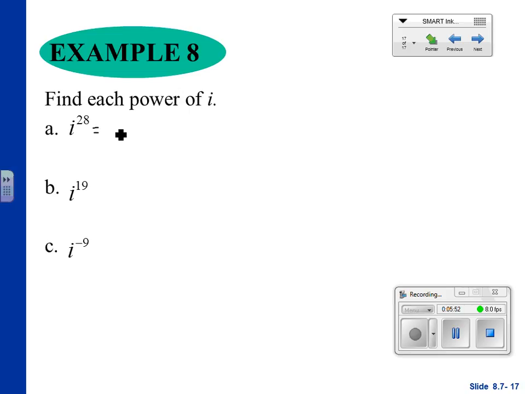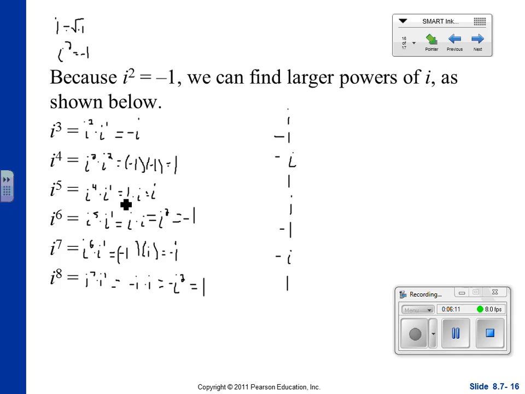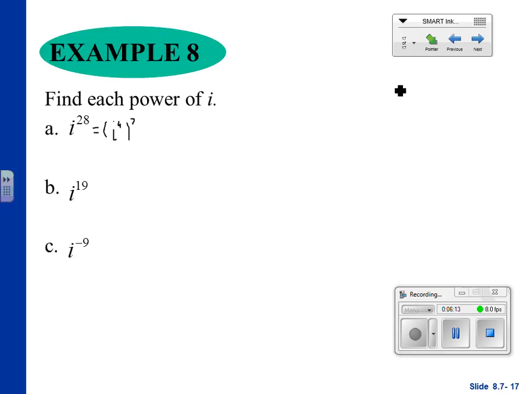So we could think this is really just i to the 4th, 7 times, right? Since it's divisible by 4, I'm expecting it to match up with 1. But let's try it and see.